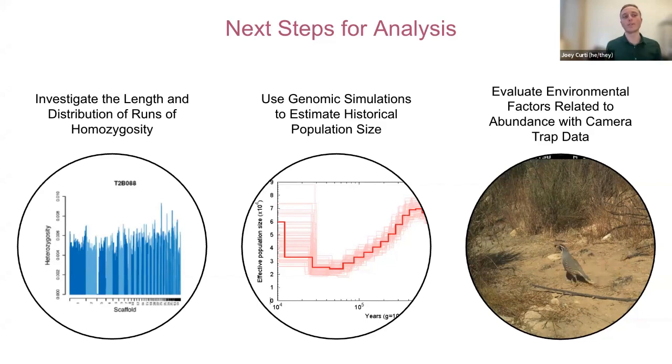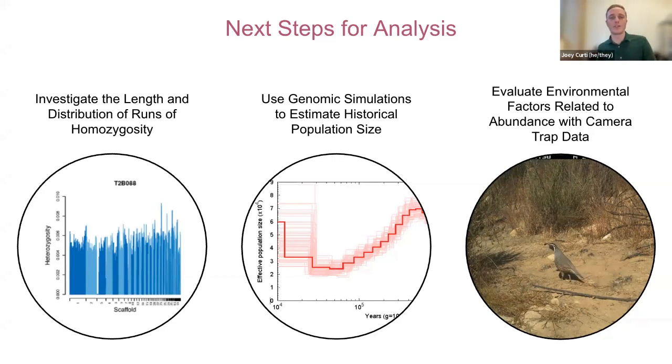Are they really important genes for the survival of these animals? How common and how abundant are these runs of homozygosity? And what's the timing of this? Are they really long runs that are indicative of really recent inbreeding, or are they shorter runs that are indicative of deep time inbreeding? These can help answer some conservation management questions for these populations.